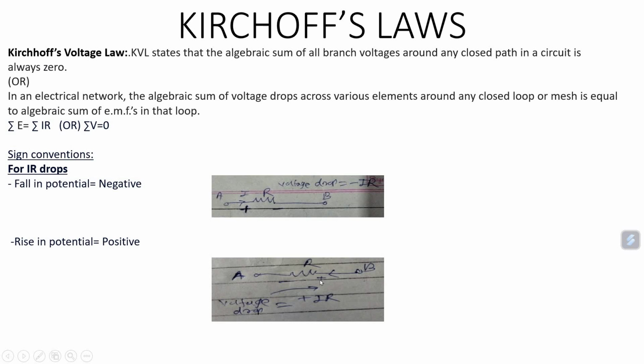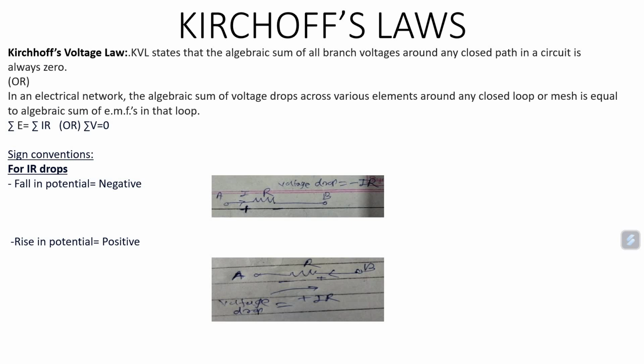That means as per the conventional direction of current, we'll write plus here and it is minus. And if we are tracing the circuit from left to right, since we are going from minus to plus, that is rise in potential, which can be considered as positive, that's why voltage drop is equal to plus IR.